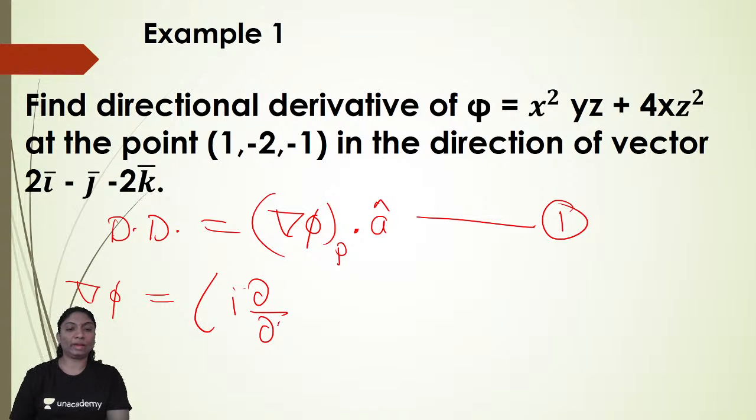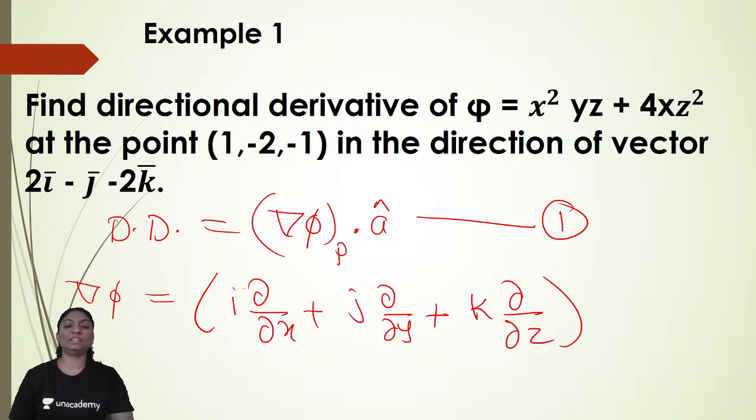Okay, so first calculate del phi. We know how to calculate del phi; we already saw in the last lecture. Del is i del/del x plus j del/del y plus k del/del z of phi, where phi is x square yz plus 4xz square.